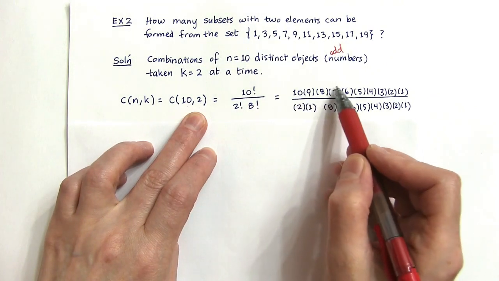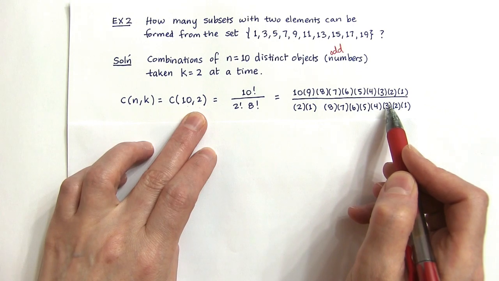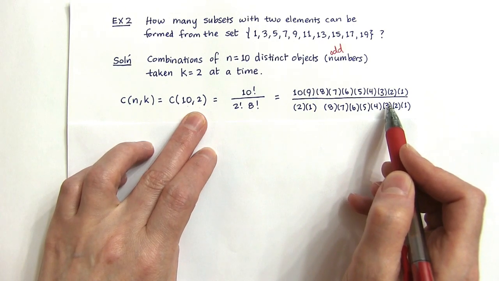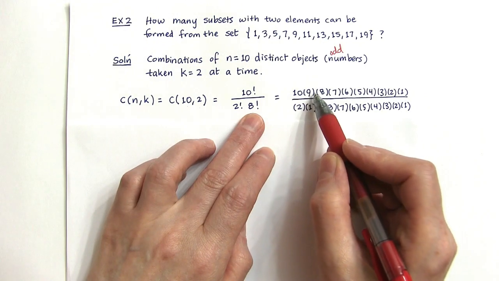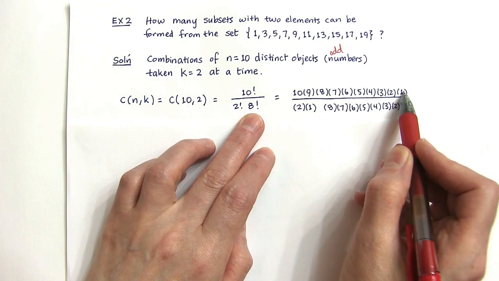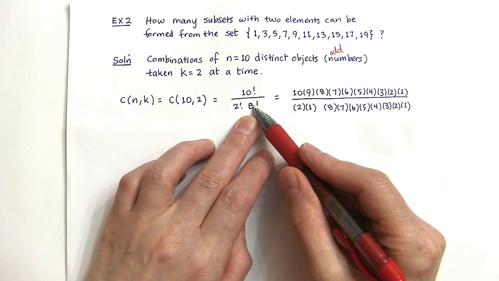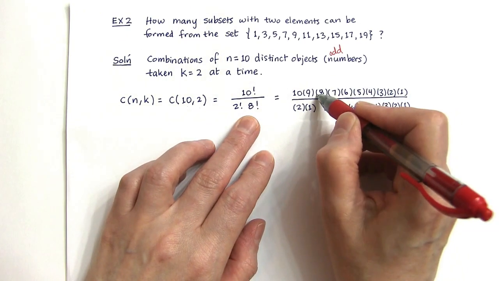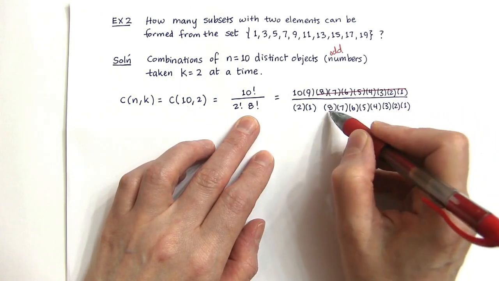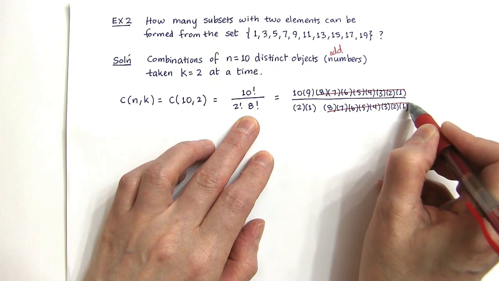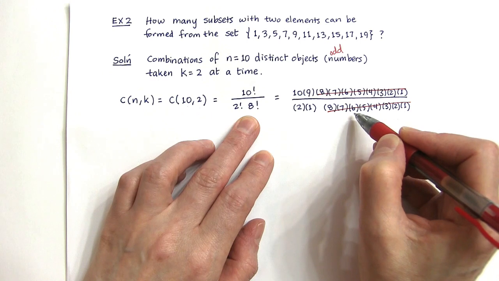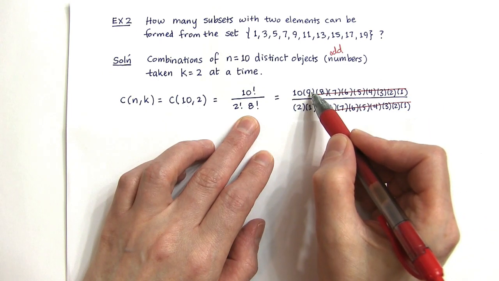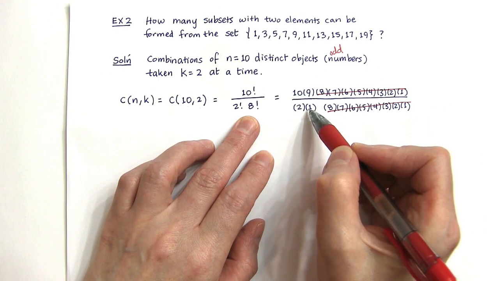And then if we expand the numerator and the denominator out, we see a lot of cancellation going on. So 10 factorial is 10 times 9 times 8 factorial. And we have an 8 factorial in the denominator, which is going to cancel with the 8 factorial in the numerator. And what have we got left? We only have 10 times 9 in the numerator and 2 times 1 in the denominator.